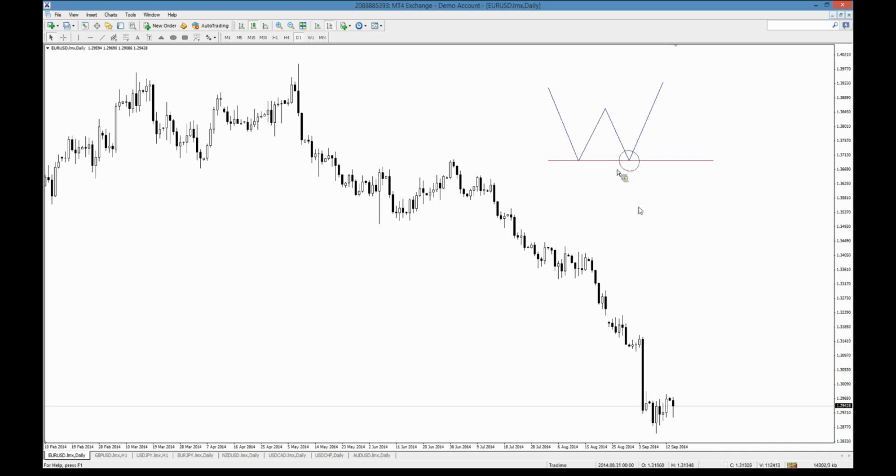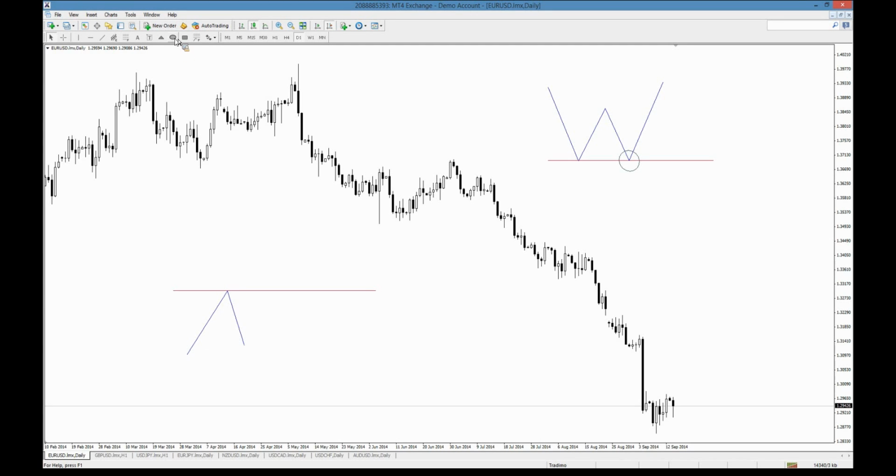Okay, now on the reverse side, we have just the opposite play, where we have an area on a price chart. Price moves up to the level, hits the level, and it then reacts to the level. So we have more sellers coming into the market.